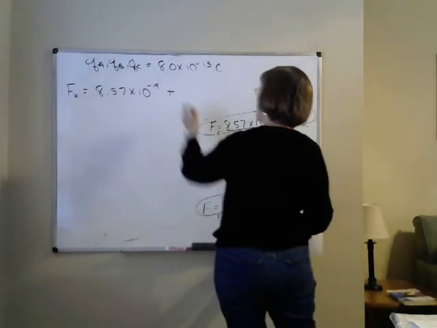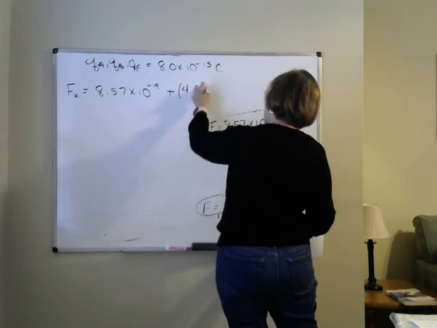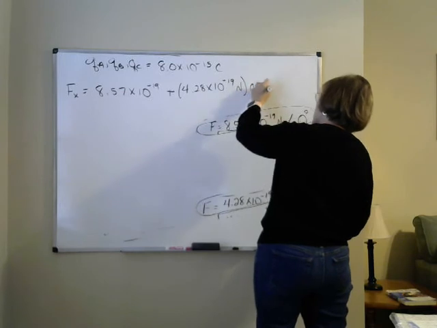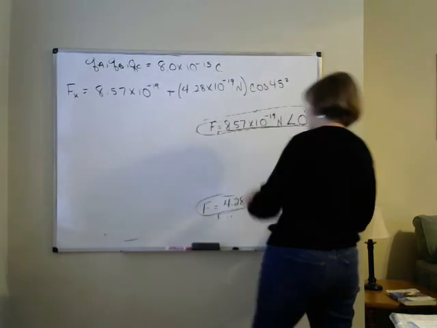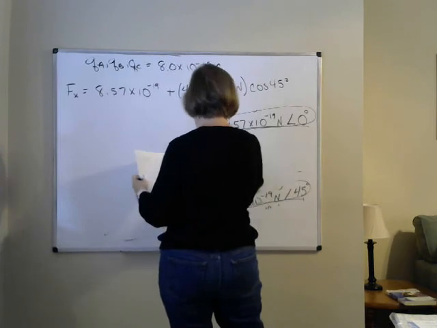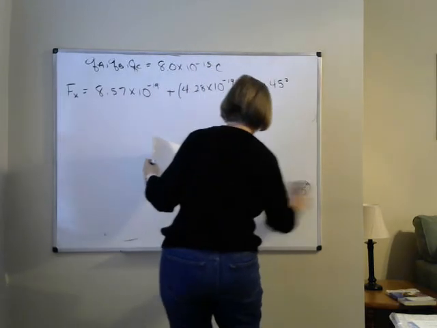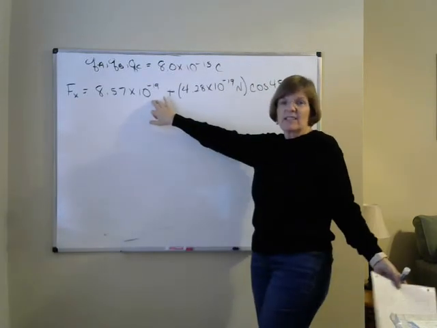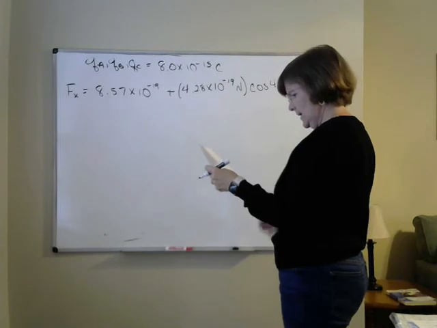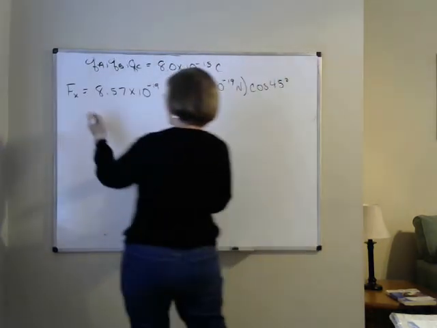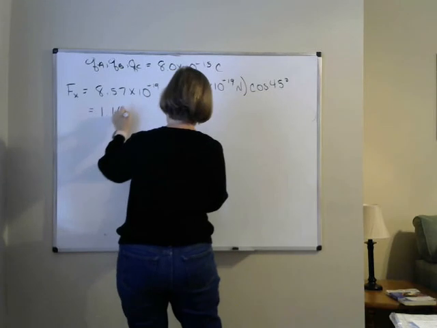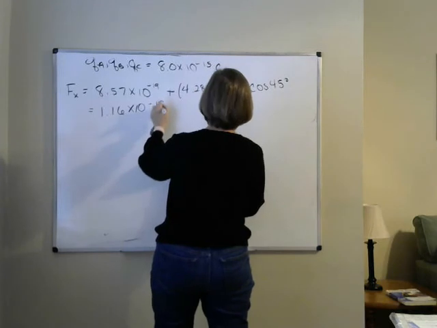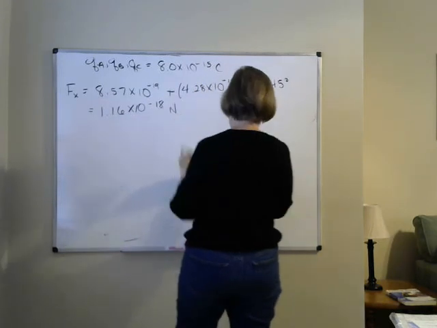So plus 4.28 times 10 to the negative 19 newtons cosine 45 degrees. I could have put cosine 0 degrees next up, and cosine 0 is just 1, so it doesn't do anything. So my x component comes out to be 1.16 times 10 to the negative 18 newtons.